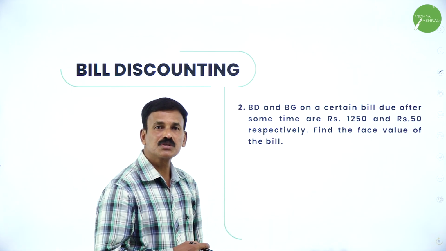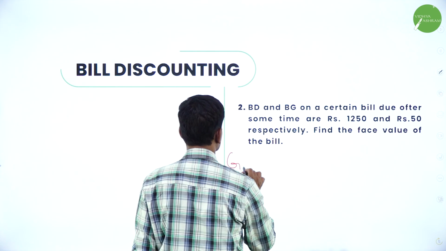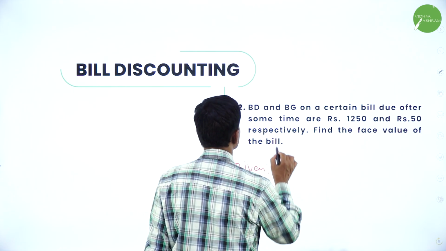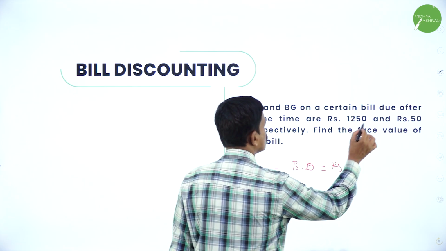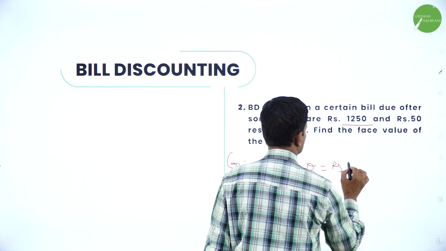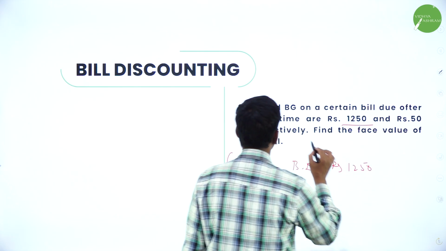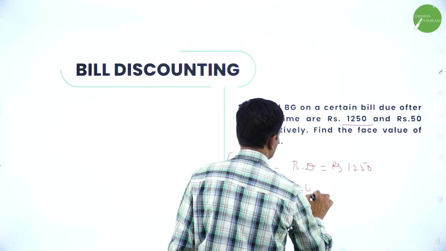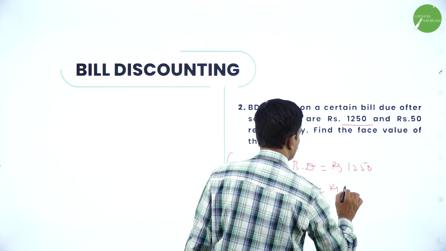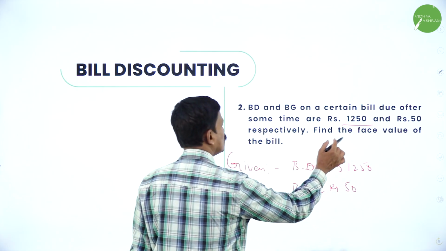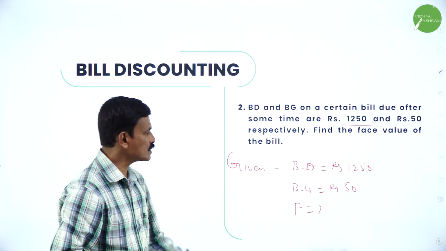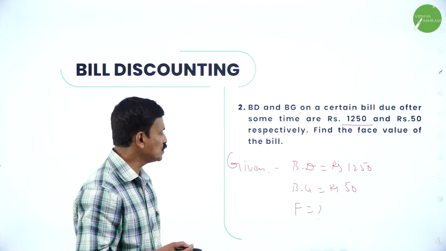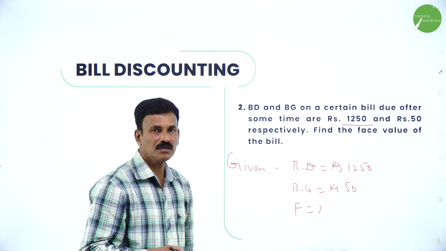Now just substitute what is given. Given that BD is equal to rupees 1250 and banker's gain BG is equal to rupees 50. Then respectively find the face value. F is the question mark. Very simple for 3 marks.